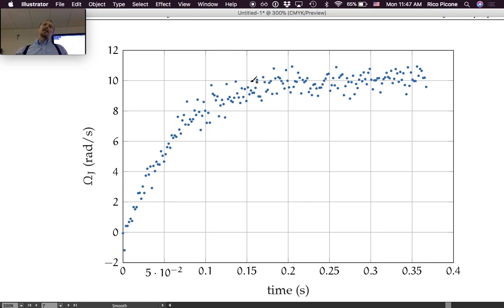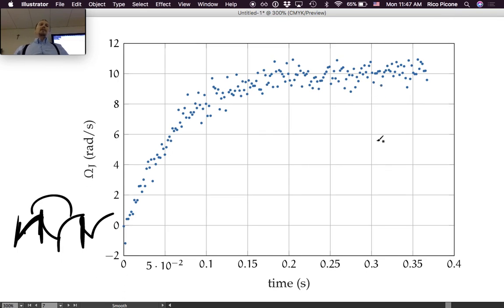You're going to take this long response data, and say, I want to take this chunk here and put it on top of this chunk here, which is supposed to be the same response, and average those two so that you get tighter groupings. That's the one difference you're going to have to handle. But so this is noisy, and we want to estimate tau 1 and TF from it.